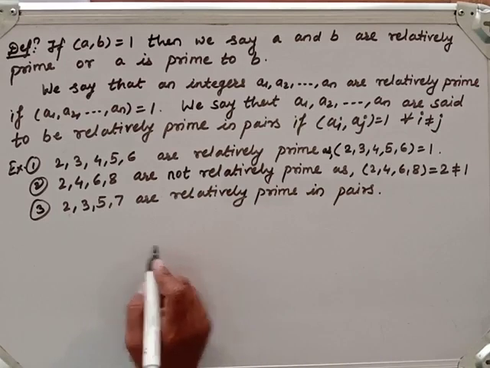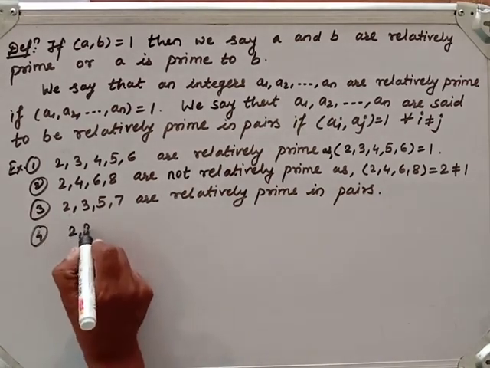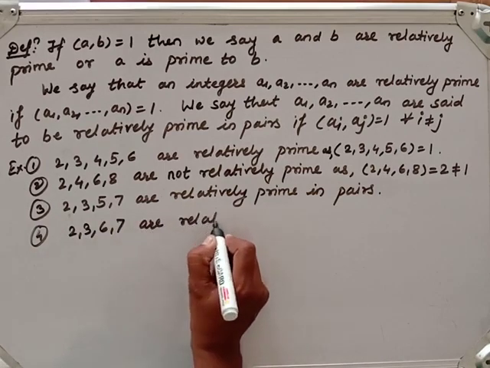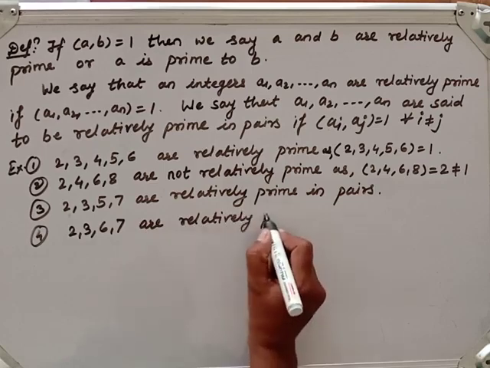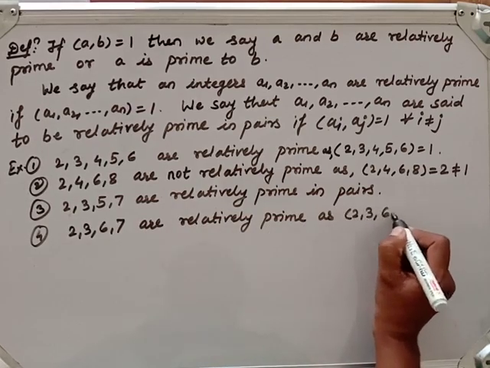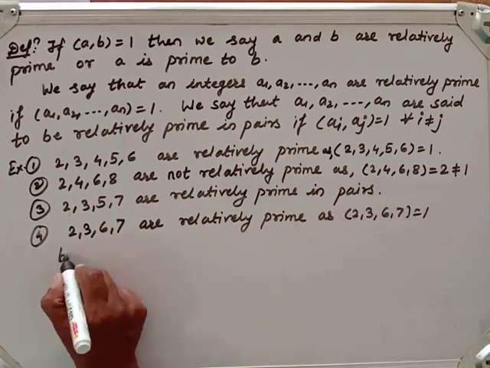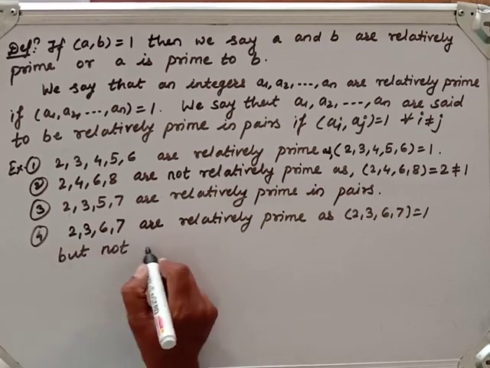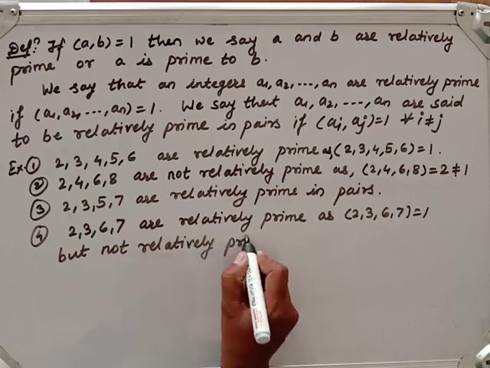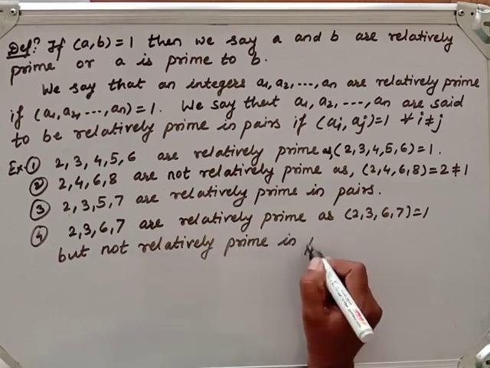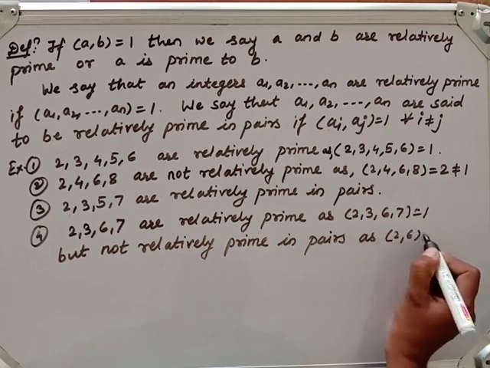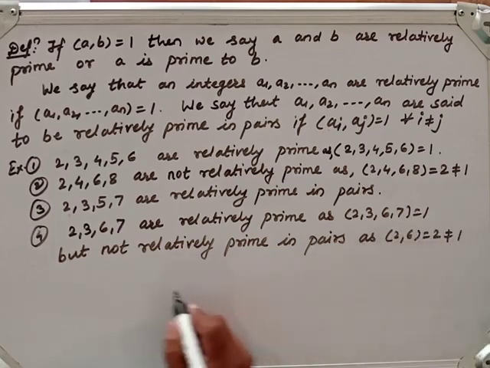Now the next one: suppose I take 2, 3, 6 and 7. These are relatively prime, as the GCD of 2, 3, 6 and 7 is 1, but they are not relatively prime in pairs, as the GCD of 2 and 6 is 2, which is not equal to 1.